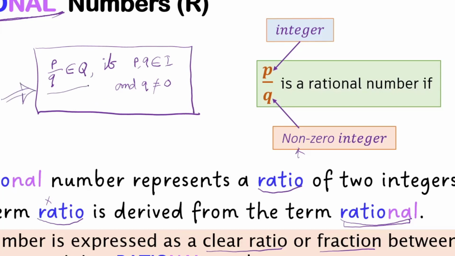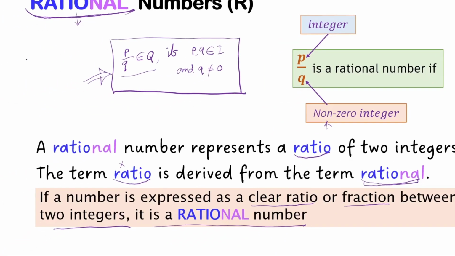It says that if a number can be expressed in the form of P upon Q, where P and Q are integers and Q is not equal to 0, then those numbers are called rational numbers. Let us take one example.